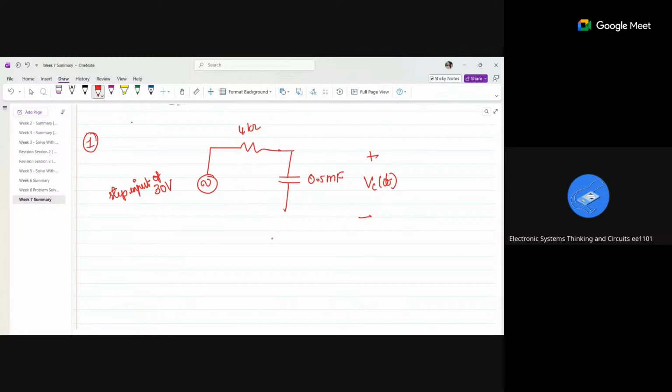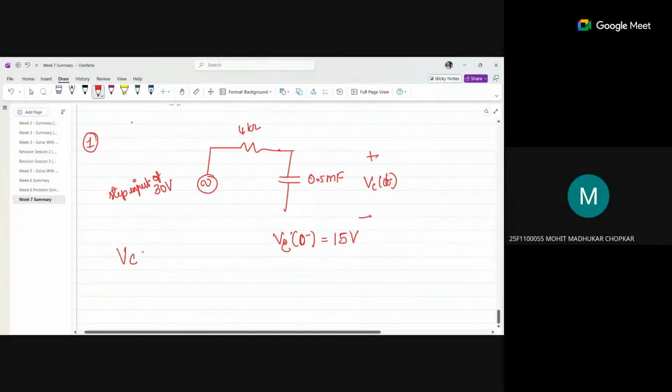This is VC of t given VC of 0 minus is equal to 15 volts. So an RC circuit with resistor 4 kilo ohm and capacitor 0.5 millifarad is fed with a step input voltage of 30 volts as shown below. The initial voltage across the capacitor is 15 volt. You have to find the output voltage across the capacitor at time t is equal to 1 second.